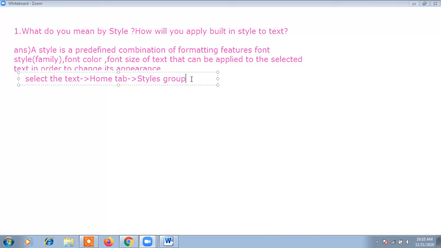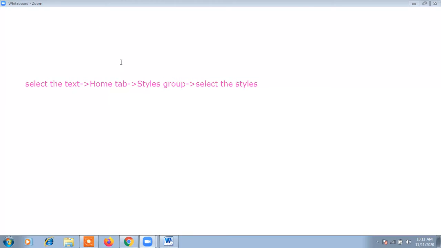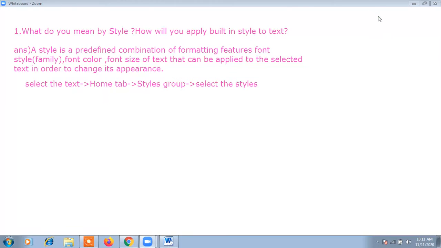In the Styles group, select the styles. So this is the answer of the first question.